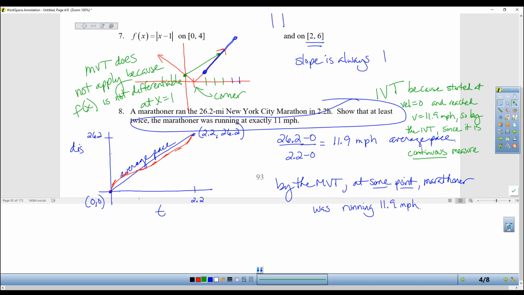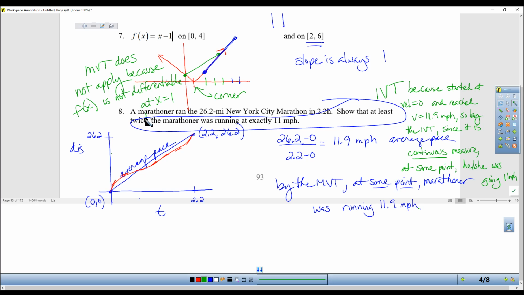You can't jump from going 1 mile an hour to 3 miles an hour. It's continuous. At some point, he or she was going 11 miles per hour. If you go from 0 to 11.9, at some point you were going 11.